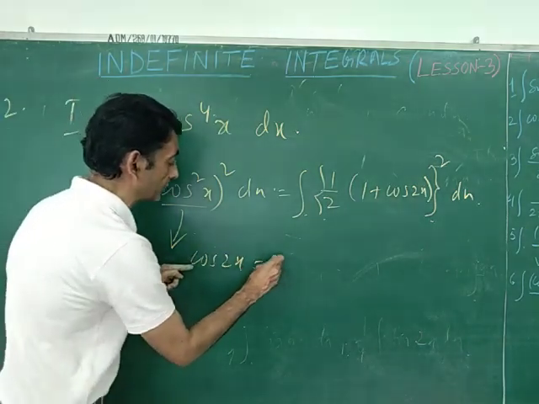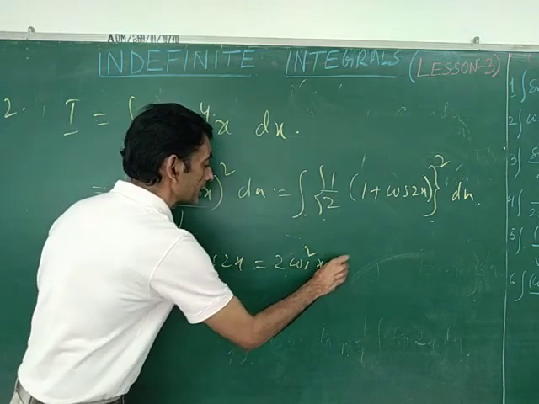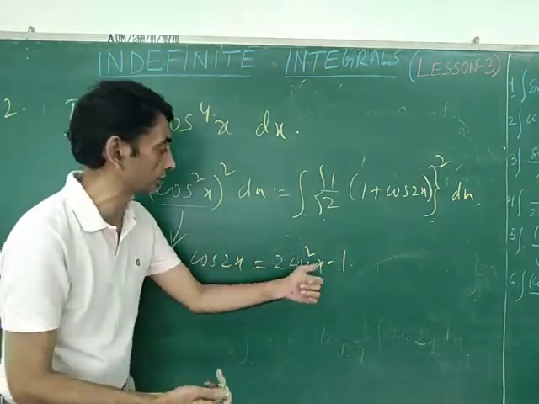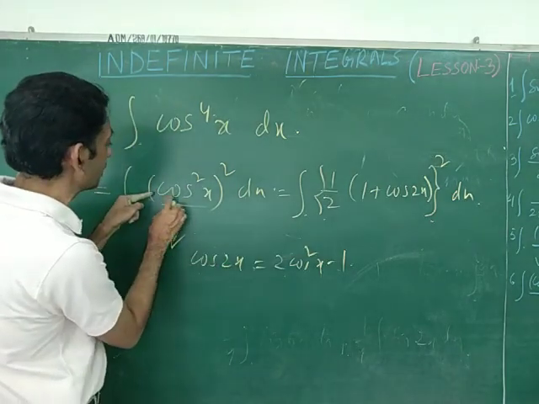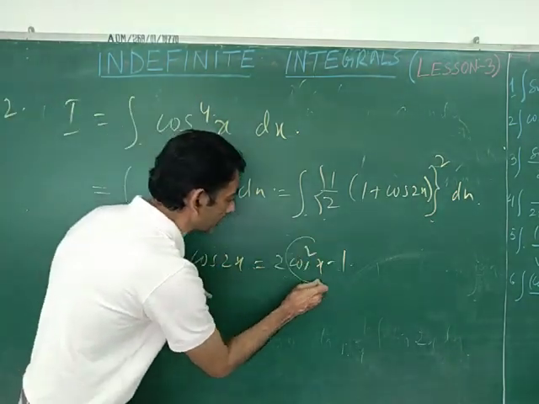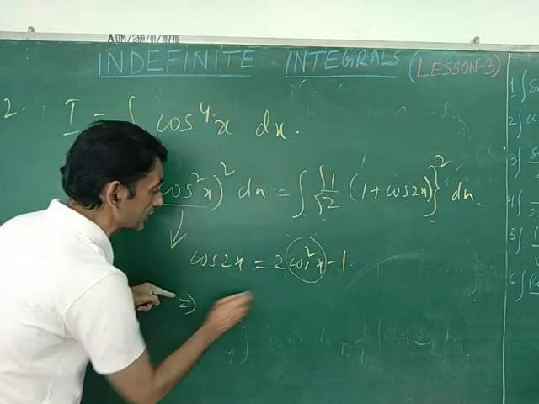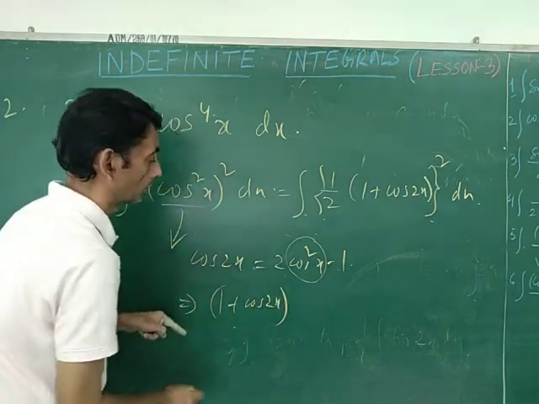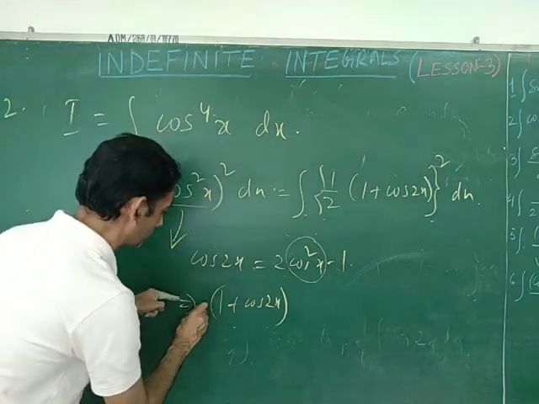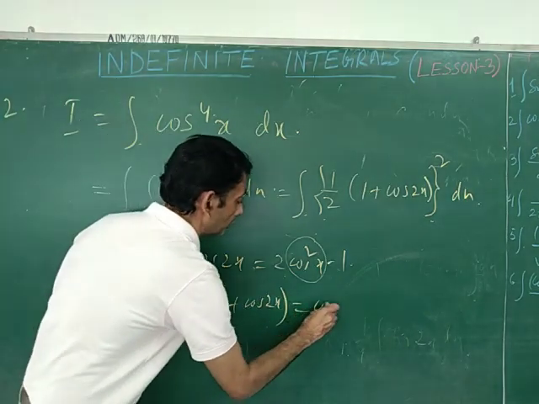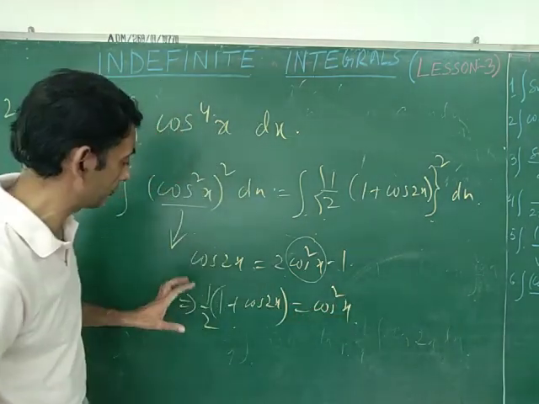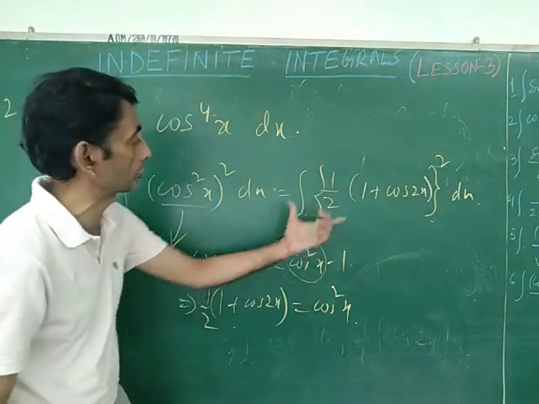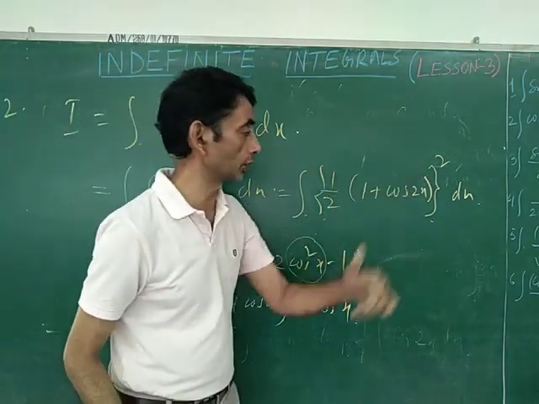Cos 2x is 2 cos^2 x minus 1, in terms of cos. But we are interested in cos^2 x. So if you transpose, 1 + cos 2x, this 2 you can bring to this side, it will be half equal to cos^2 x. Therefore cos^2 x can be written as half (1 + cos 2x), and the square is there, so it's the whole square.